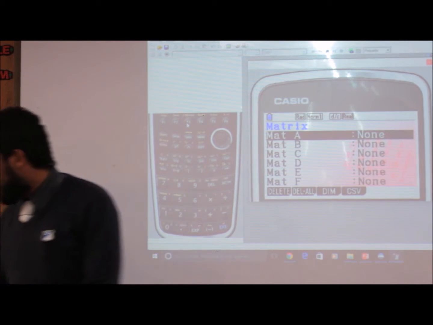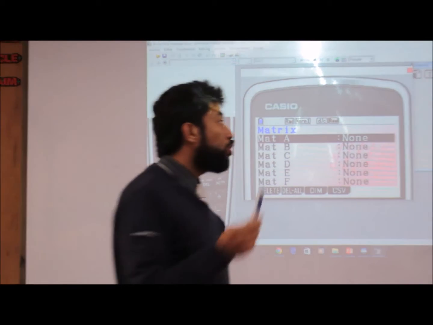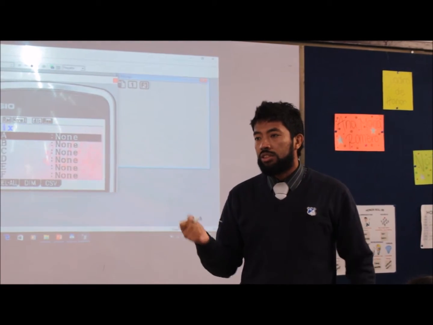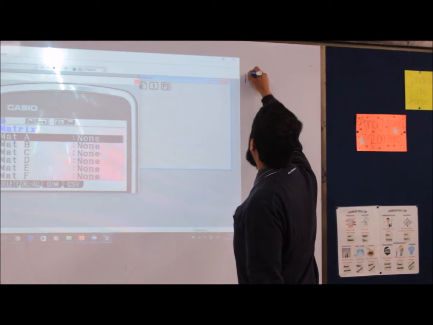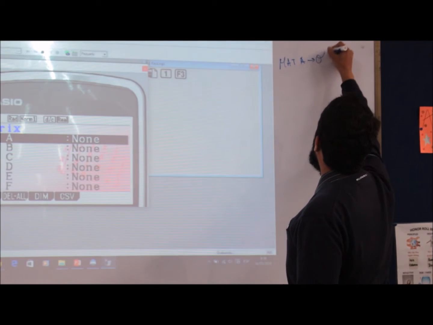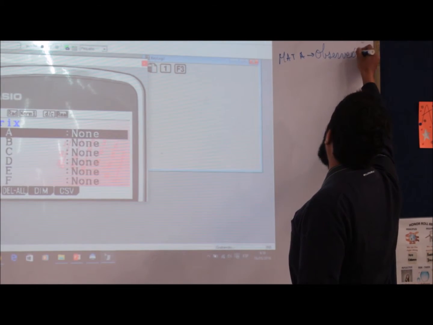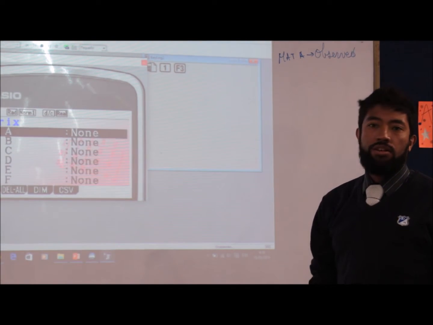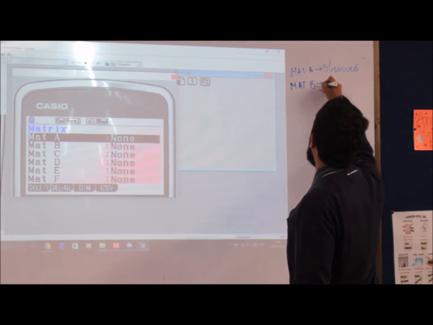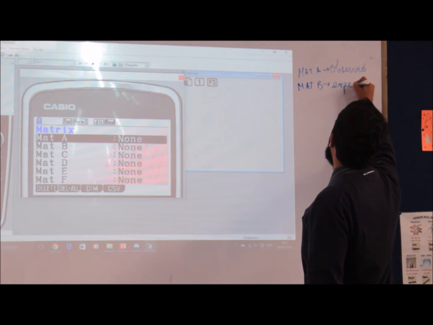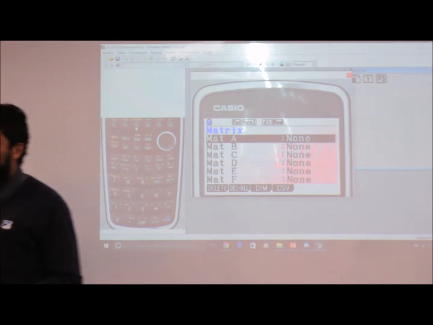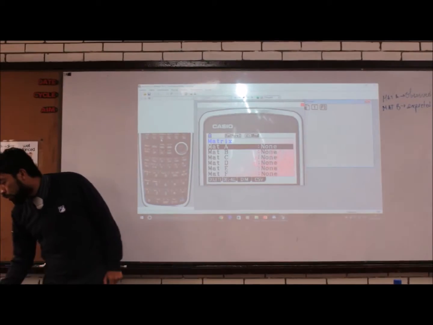It is important to keep in mind which of them is A and which is B. On matrix A, we are going to store the observed data. On matrix B, we are going to store the expected data. Clear or not? Okay, how do you do it?